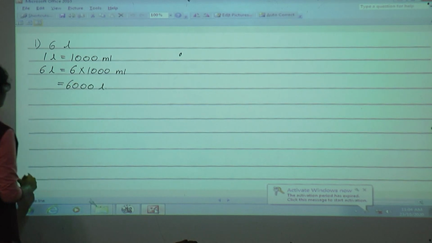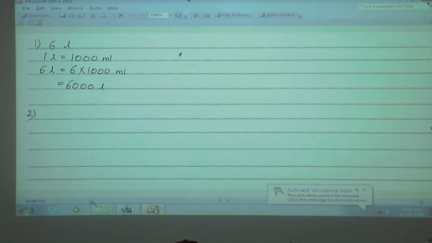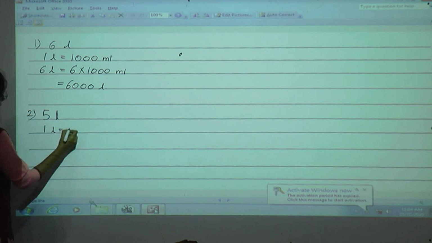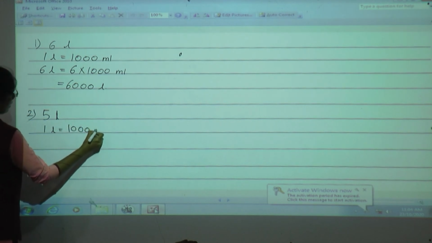Milliliters. Okay. Now see the second example. 8 liters is equal to what? 8000 milliliters. Then 5 liters. First step, 1 liter is equal to 1000 ml.